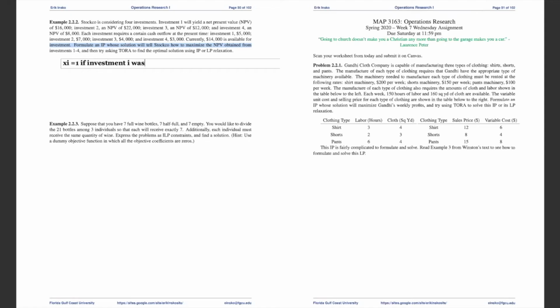So our variable, I'll call it xi, will mean that we bought stock i, where i is between 1 and 4, and it's a binary variable, so if we bought the stock, the value would be 1, and if we didn't, it will be 0. And we want to maximize our return, so we have a return of 16 for the first one if it was made, a return of 22 for the second one, a return of 20 for the third, and 8 for the fourth.